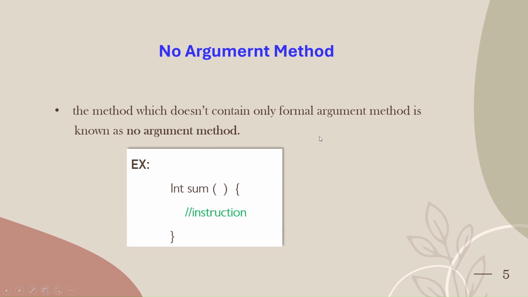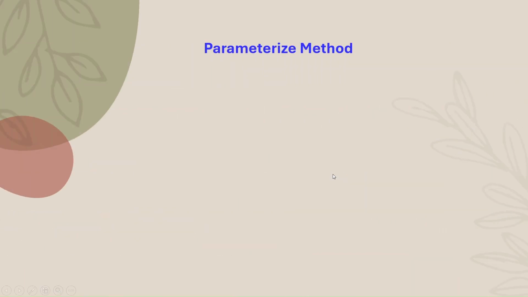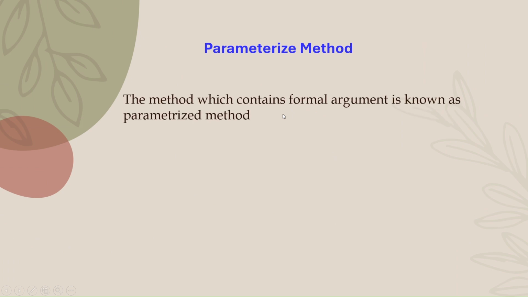So the next one is the parameterized method. As you can see in this image, a method where no variables are created inside the parentheses is a no argument method. The method which contains formal arguments is known as a parameterized method.